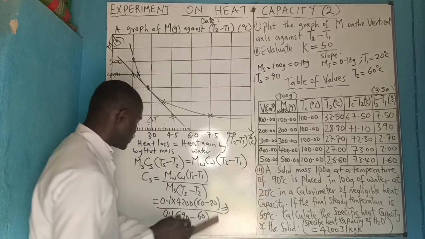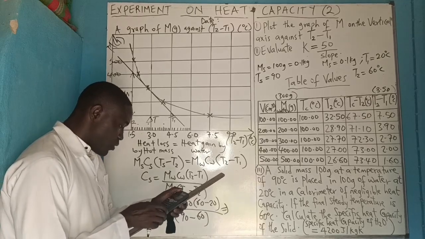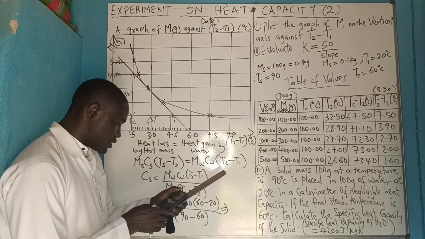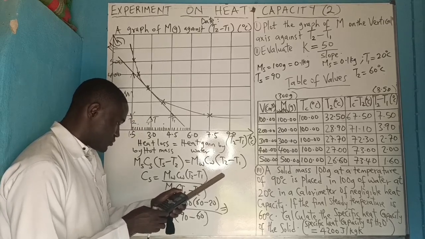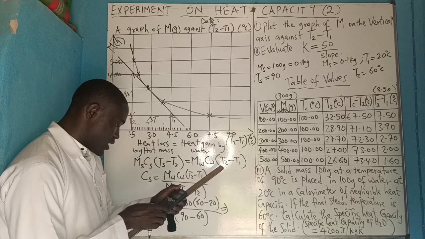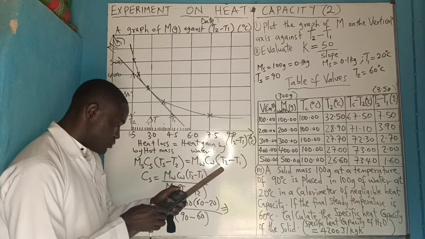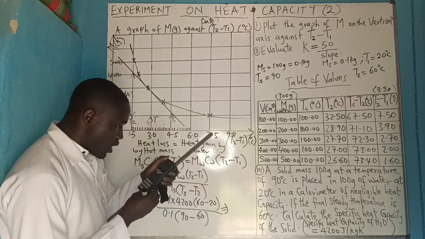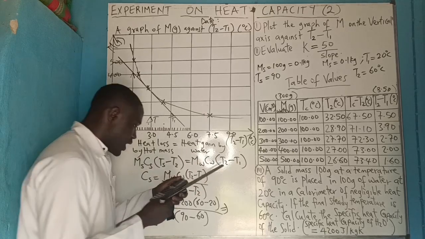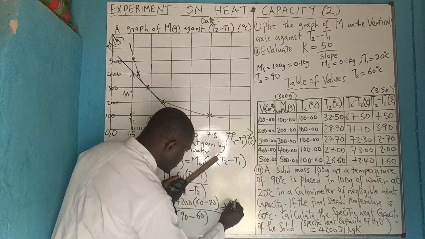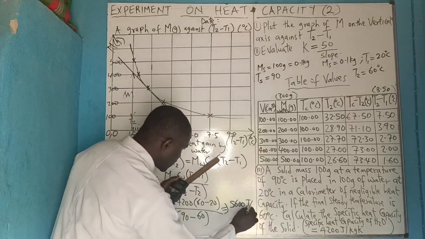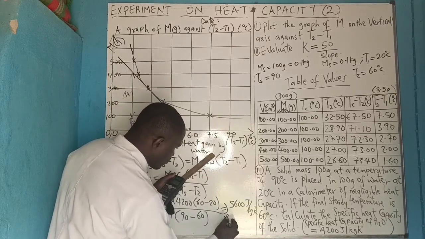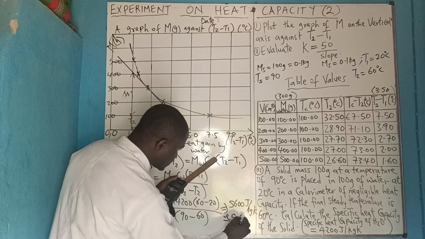So we check it in our calculator: 0.1 times 4200 times 40 divided by bracket 0.1 times 30 equals 5600 joule per kilogram per Kelvin, and it is equivalent to 5.6.